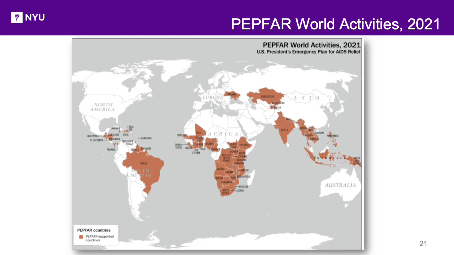As you can see, the scope of this program is significant, and in fact, PEPFAR has been credited with basically giving access to antiretroviral therapy to hundreds of millions of individuals and basically prolonging the life of people affected with HIV around the world and allowing those individuals to live a normal lifespan.